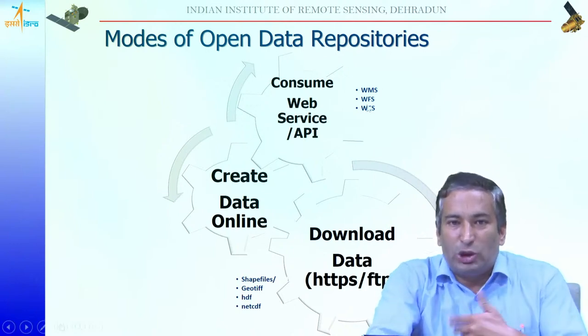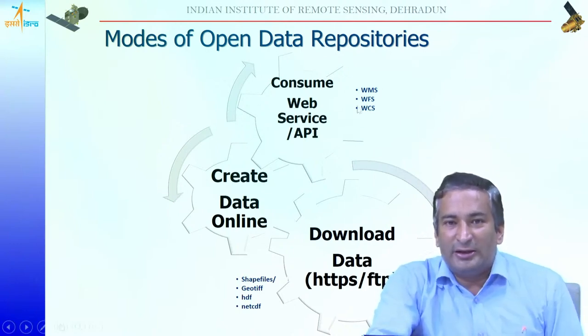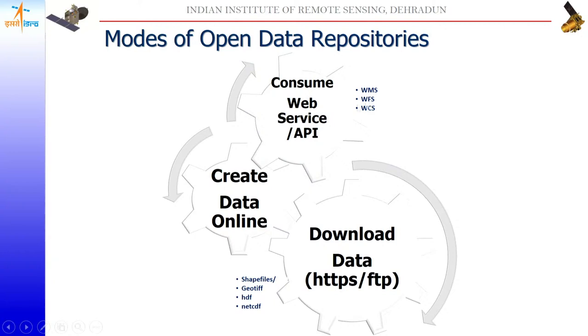Similarly, if you want the actual data set, then we have another format that is called web feature services, or WFS. Now these are some standards defined by a global consortium called OGC, the Open Geospatial Consortium. It has defined these standards which these repositories use to make the data available to your PC in the form of web services.